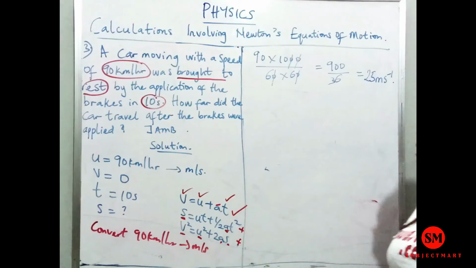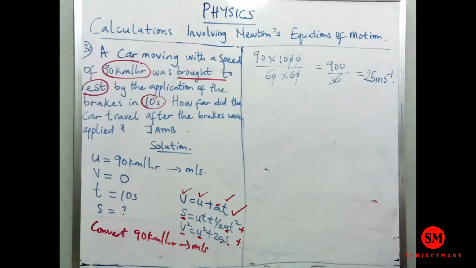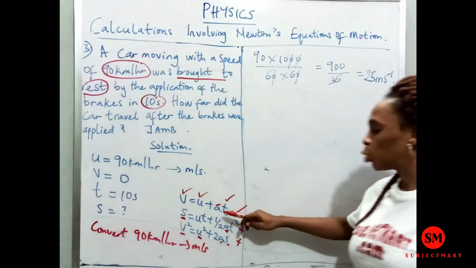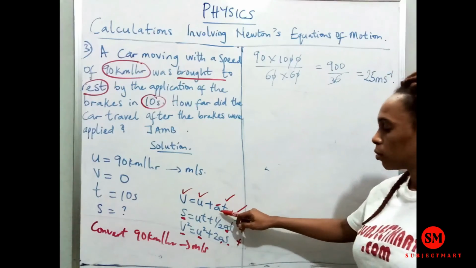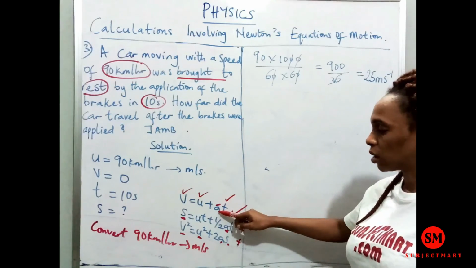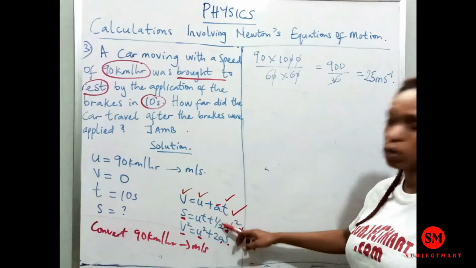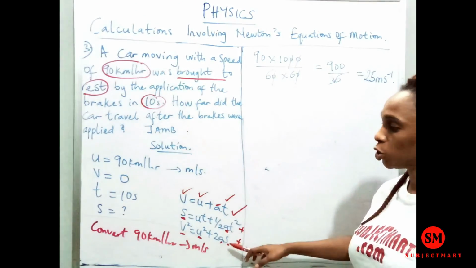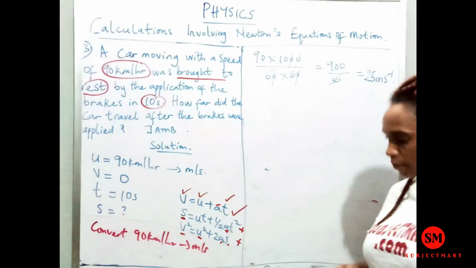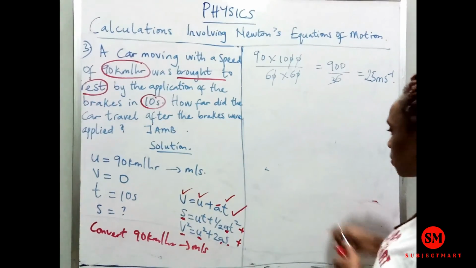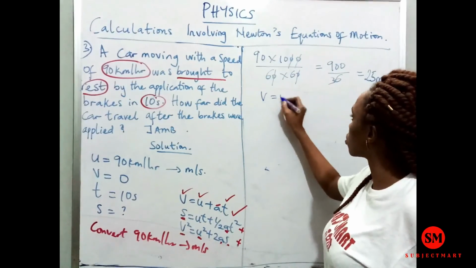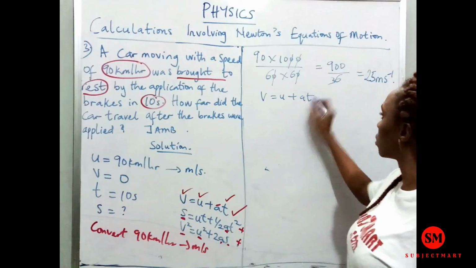We may need to use the first one, which will help us find our acceleration, after which we can go on and use the second or the third equation to find the distance. So V equals U plus AT.